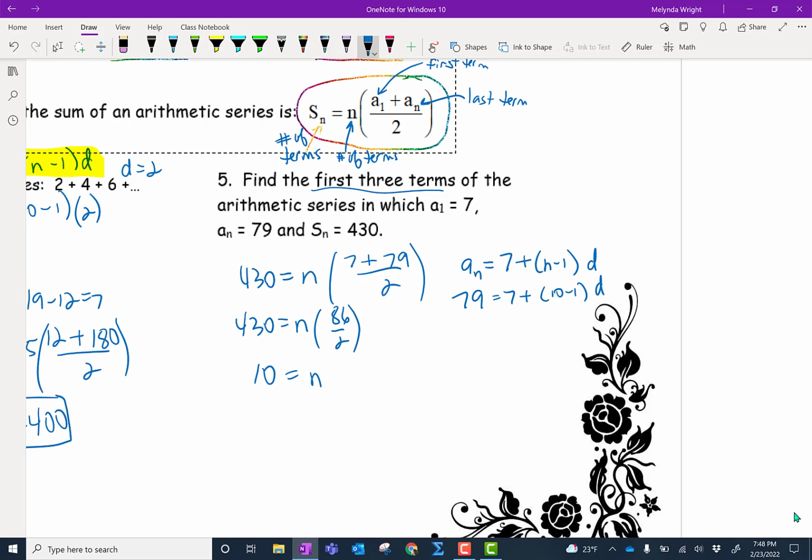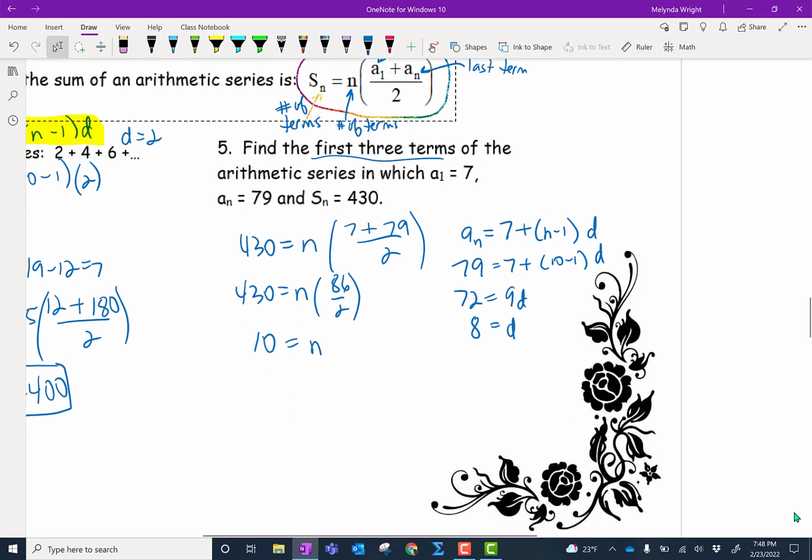So we move the 7 over, we get 72 equals 9d, so d is 8. Okay, great. So if my first term is 7, then I add 8 to 7 and I get 15, and then I add 8 to 15 and then I get 23, and now I have the first 3 terms.